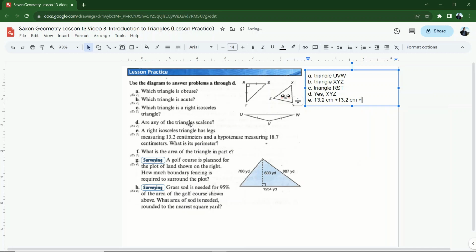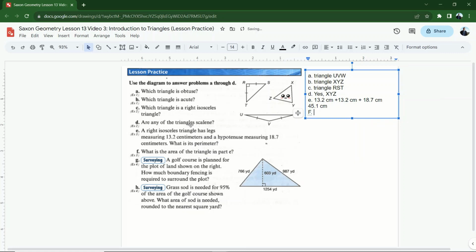It couldn't be the hypotenuse, because the hypotenuse is a different length from the legs, and that has to be the longest, right? Hypotenuse is 18.7 centimeters. I think I can do this one in my head. 13.2 plus 13.2 is 26.4, plus 0.7 is 27.1, plus 18 is 45.1. So it's going to be 45.1 centimeters based on the numbers that are there.